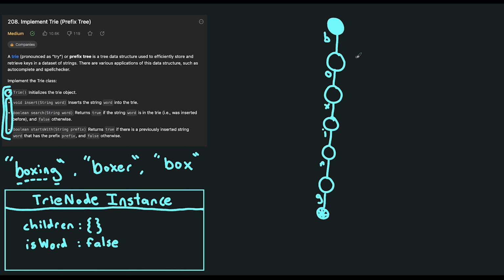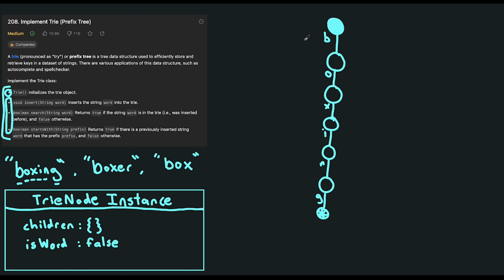So for example, this node right here, it's the B node coming from the root node, but it has no idea that it's the B node. The only way to find that information is to go to the root node's children hash map and then see where the B key points to, right? And it points to this node. So it's an important distinction just to understand that each node actually doesn't know its own value, which can at first seem tricky.